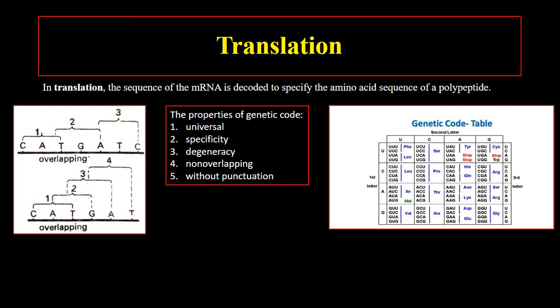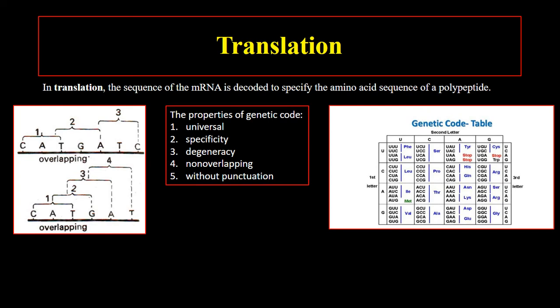Non-overlapping. Adjacent codons do not overlap. It means a non-overlapping code means that the same letter is not used for two different codons. In other words, no single base can take part in the formation of more than one codon.